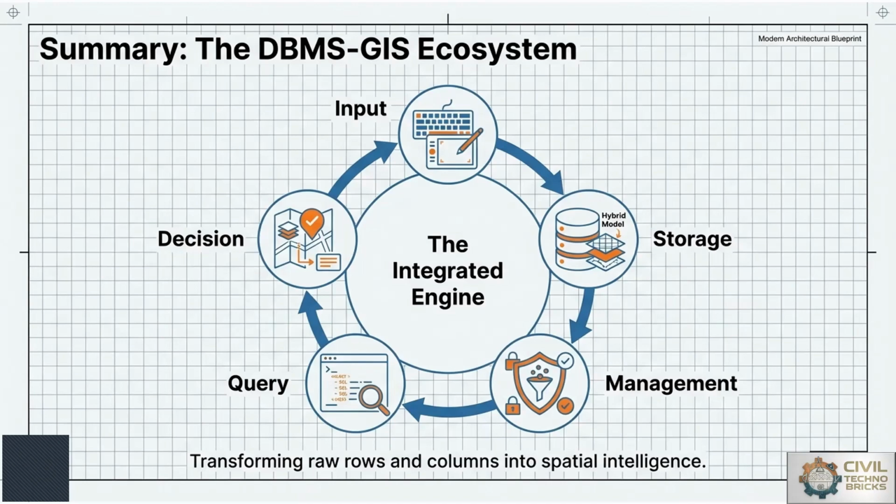So integration allows us to store geometry and descriptive attributes in a single unified database, which ensures that when you update a record, such as the condition of a water main or the actual ground conditions, ground points, and information related to those points, it will be immediately available for spatial analysis across the entire project team, which is more useful for the decision making procedure, so the integrated database is more effective.